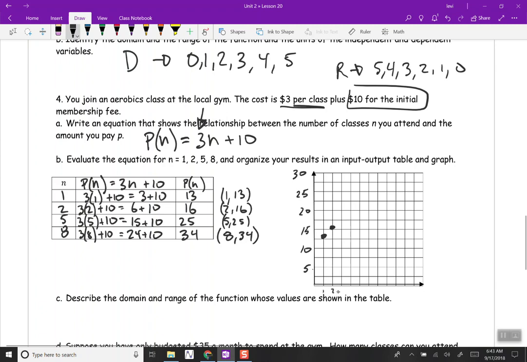So 1, 2, 3, 4, 5, 6, 7, 8. (5, 25) should be right here, and (8, 34) is going to be somewhere right there. And if we drew a line, all of our points should be on that line.